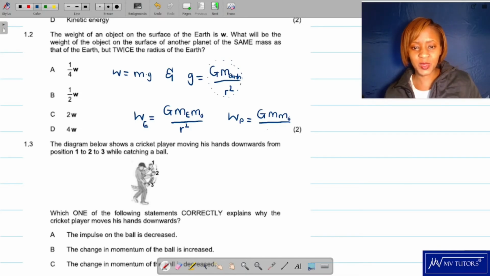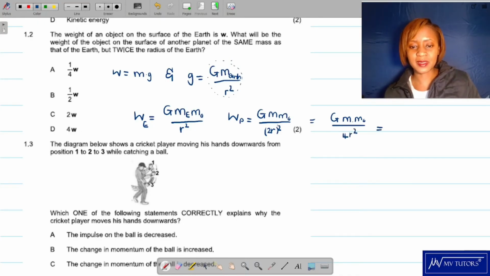So we have twice the radius, so this whole term is squared. I'm just going to put it on the side. G times the mass of the earth times the mass of the object, then we have 4r squared.